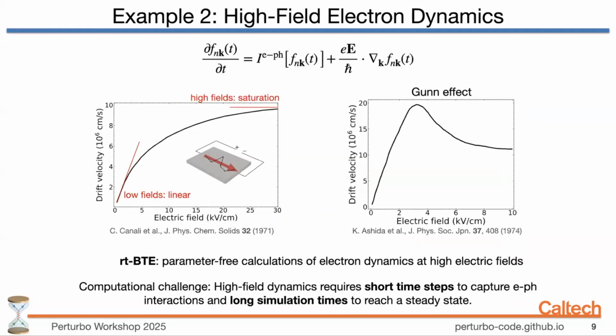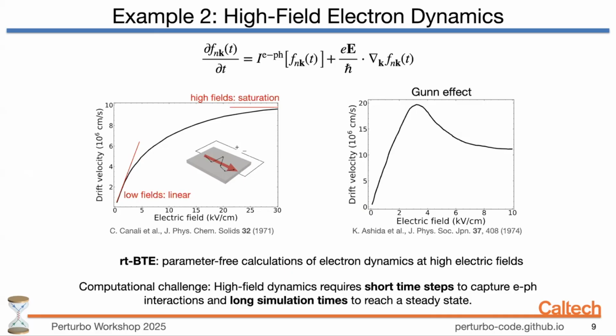The second example is more interesting, where we have the effect of an external field. So the Boltzmann transport equation now has the advection term with the field. And something that people compute a lot is the drift velocity of electrons at thermal equilibrium, at steady state, as a function of this electric field.